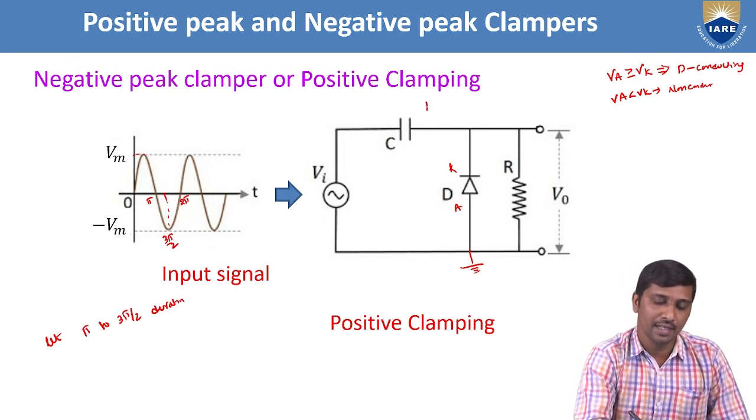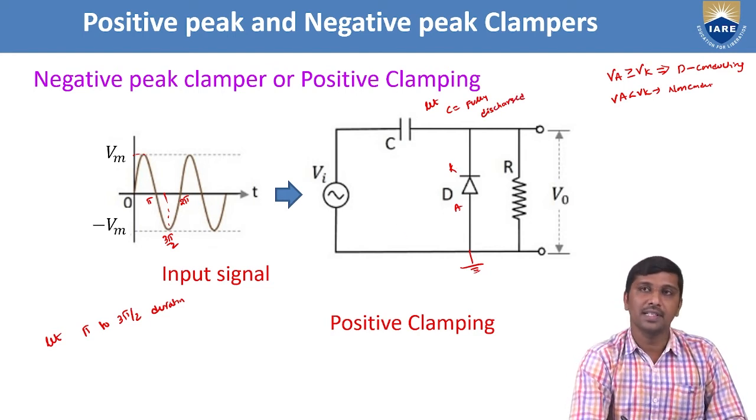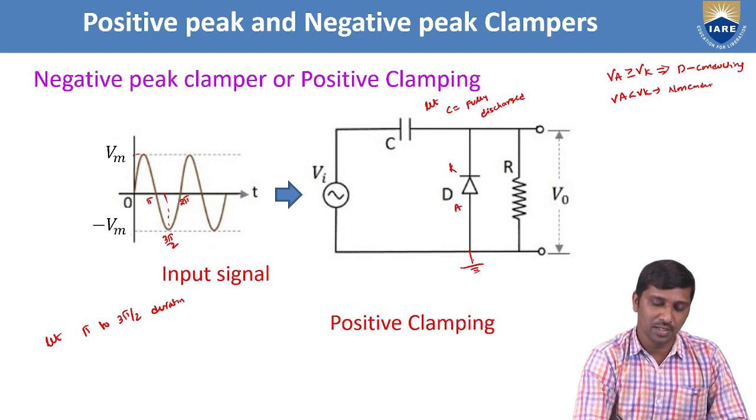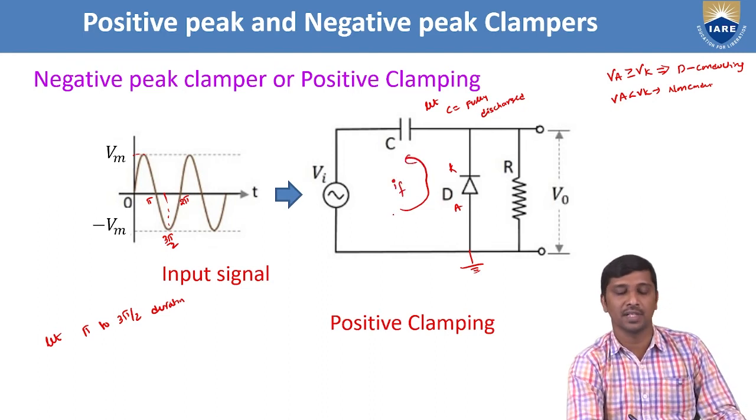Initially, the capacitor is fully discharged. When the diode is conducting, the anode is connected to this node, so the current flows like this, and this current is represented as the forward current.